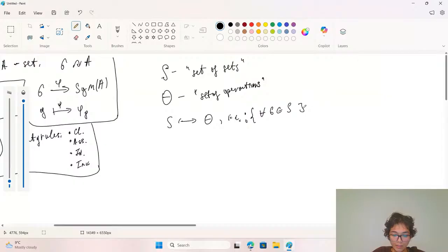there exists an operation Q belonging to the set of operations theta such that this G and Q form a group.